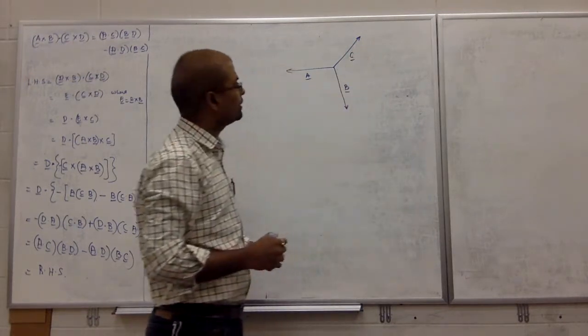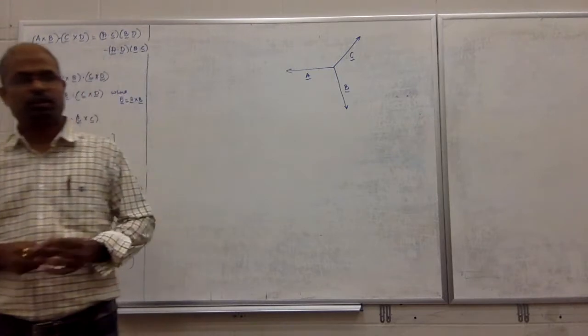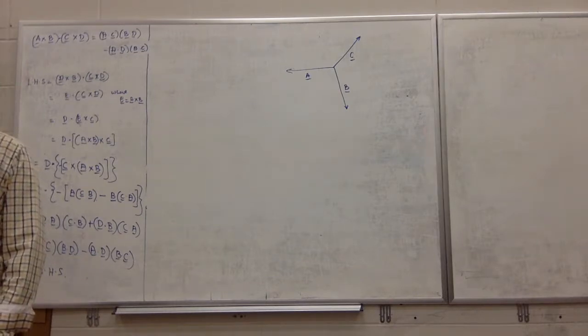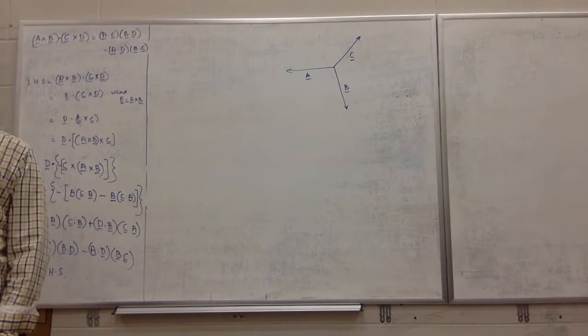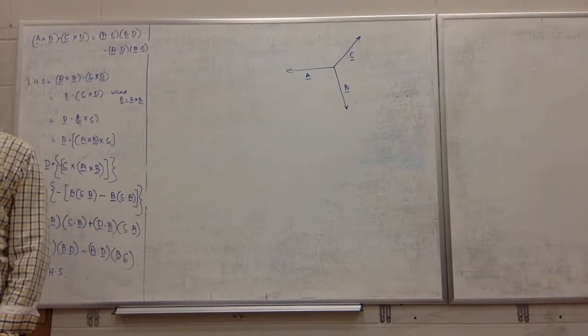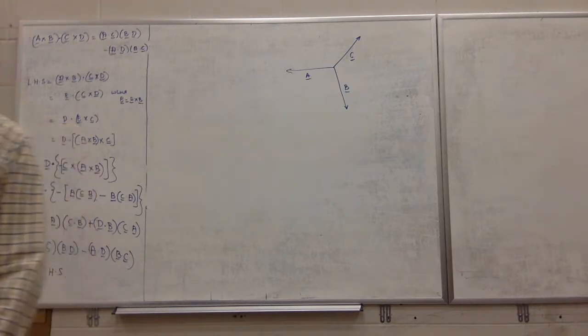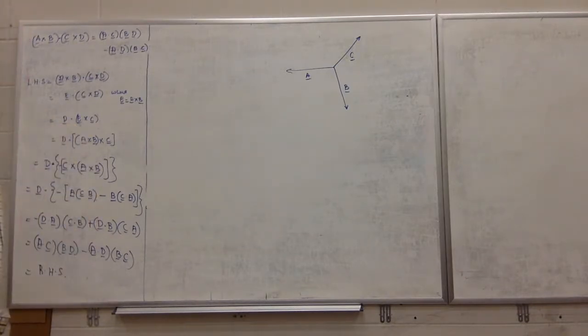If you look at the picture, what can you say about A and B? What do you know about any 2 vectors? 2 vectors are always in a plane.